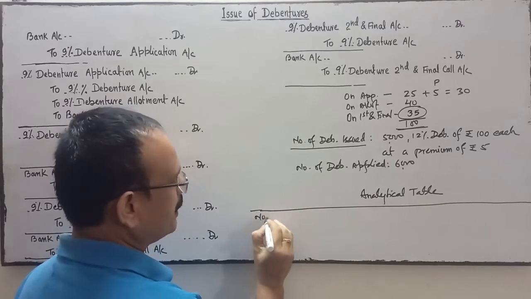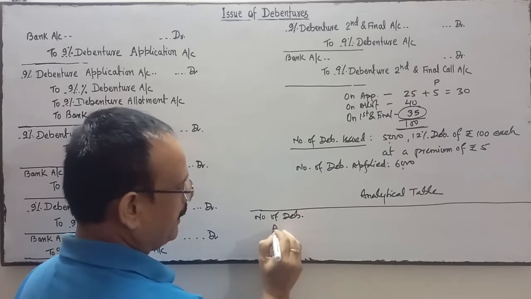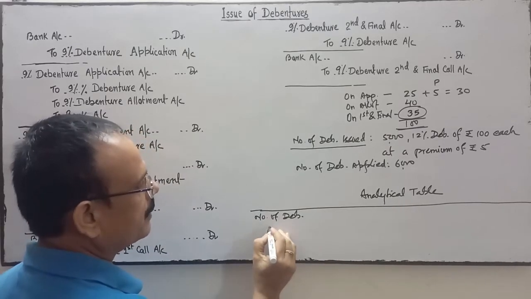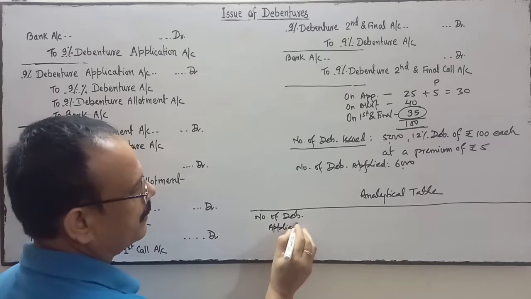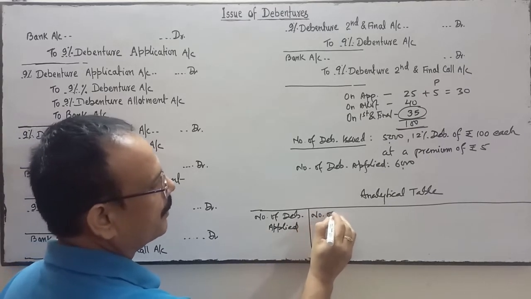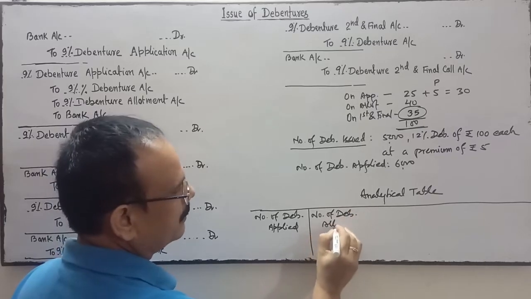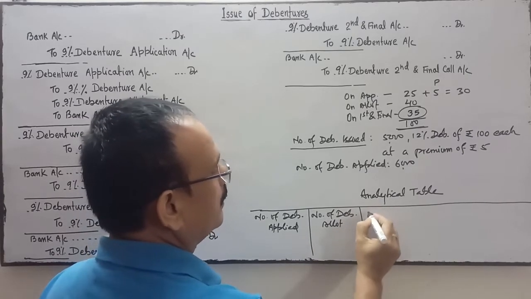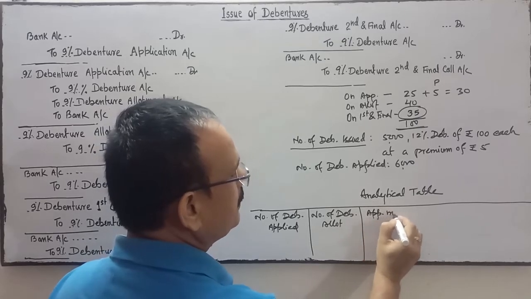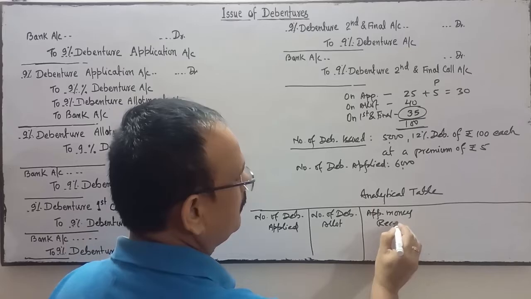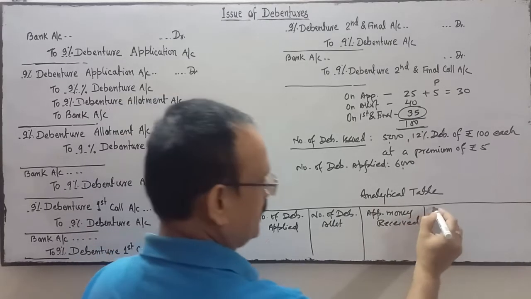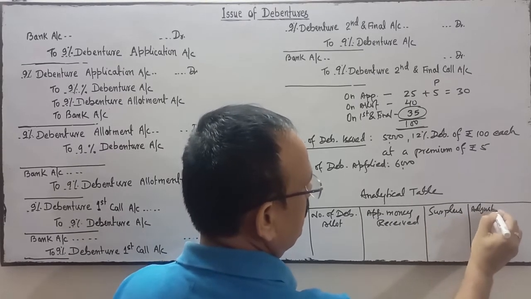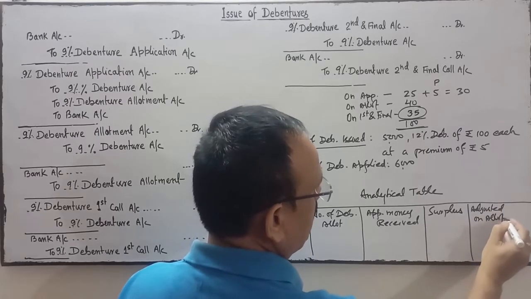Here: number of debentures issued, number of debentures applied, number of debentures allotted, application money received, surplus if any, which will be adjusted on allotment.